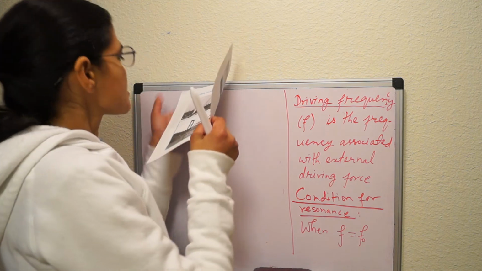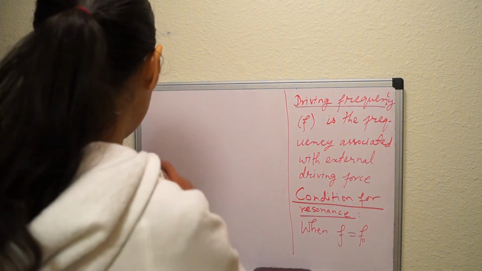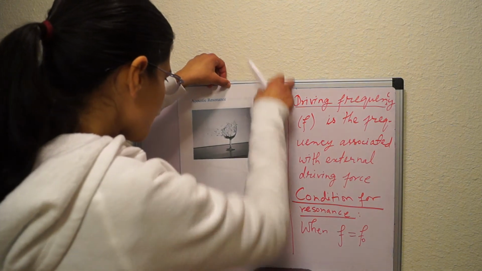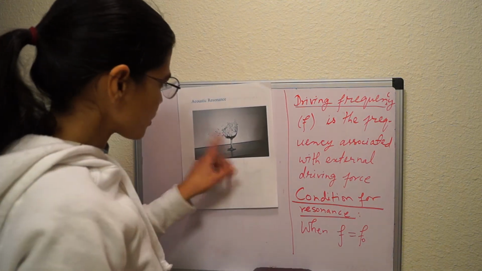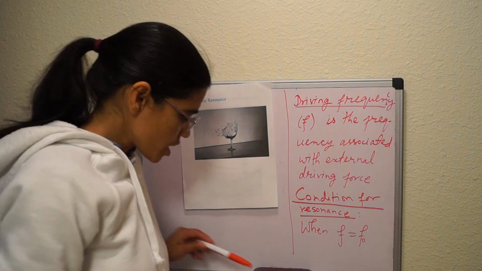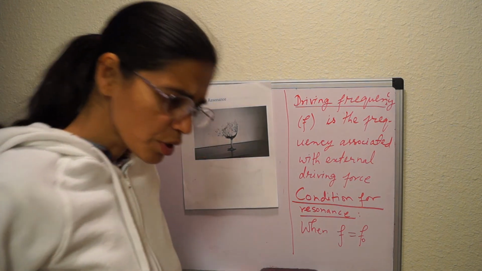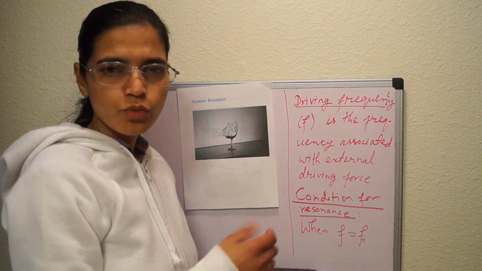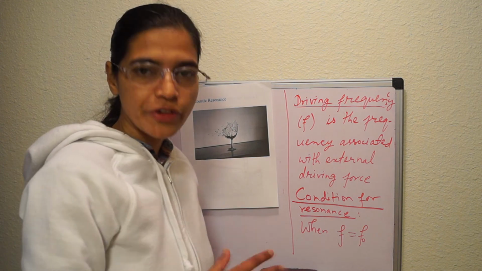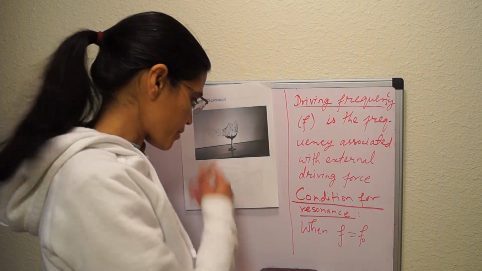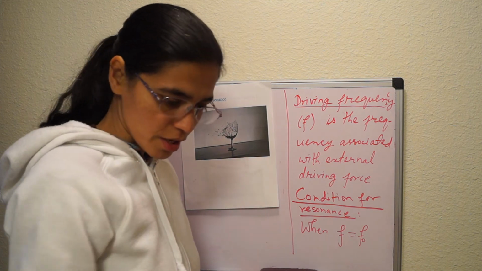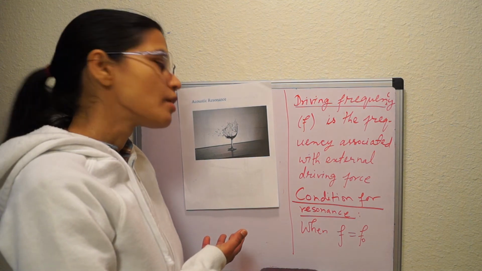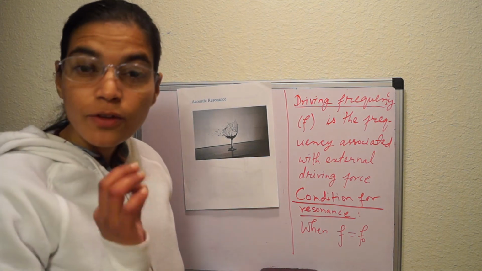Another example is something called acoustic resonance. Here is an example of a wine glass that's destroyed. Wine glasses have their own frequency. Not just wine glasses, every system has its own natural frequency, but we are taking this because these are some of the famous examples. You don't even have to touch a wine glass if you want to break it.